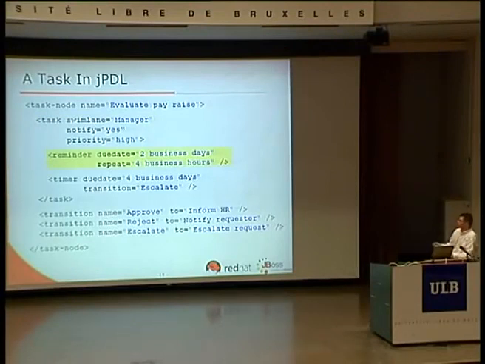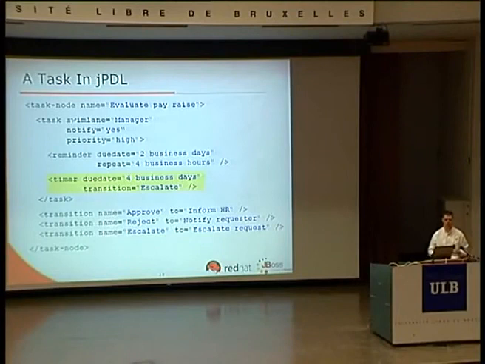Another feature in tasks is a reminder email. So you just specify after 2 business days, start sending a reminder email for this task every 4 business hours until he did it, until the task is closed. Of course, this only has to be done in case the task is not finished. Then there are other kinds of timers that you can specify.